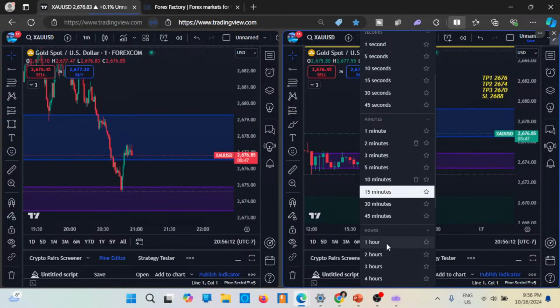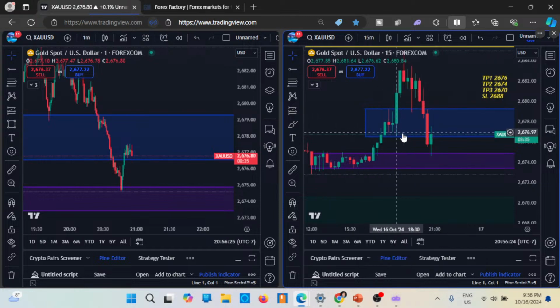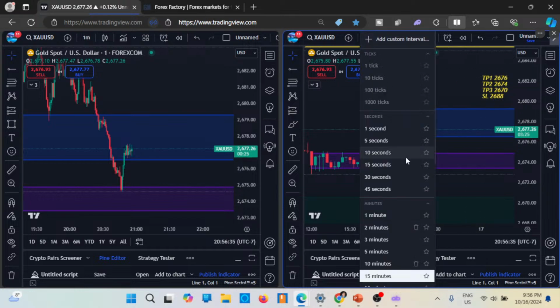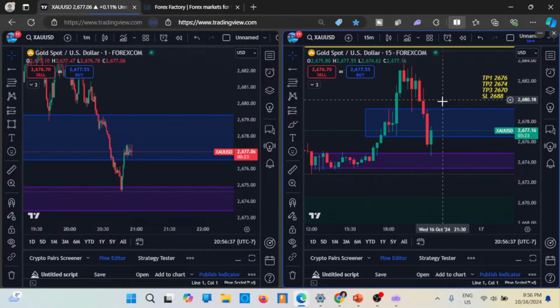I'll do a top-down analysis starting from 1 hour all the way down to 1 minute time frame. 1 hour is where I mark out the critical levels, the most important levels to buy and important levels to sell. I will mark those levels down on the 1 hour and the 30 minutes time frame. Then I will go down to the 1 minute and start looking for confirmations to enter the sell or the buy.